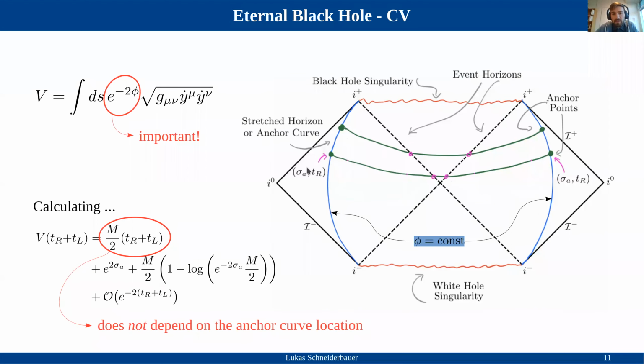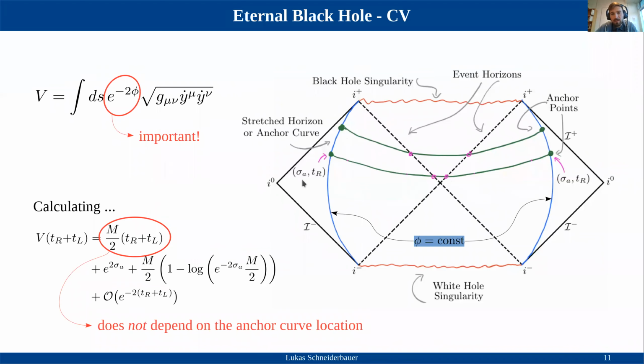So this is a bit unfortunate. It does not match. It depends on the sigma here. If sigma A is 0 in this case, then it is exactly the stretched horizon, but for any other value, it is not.